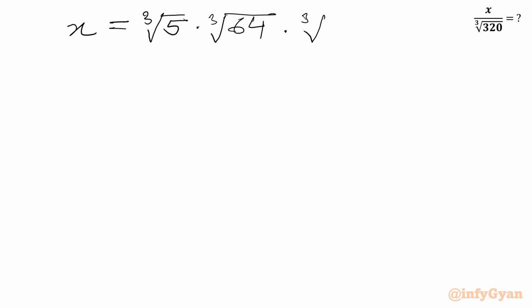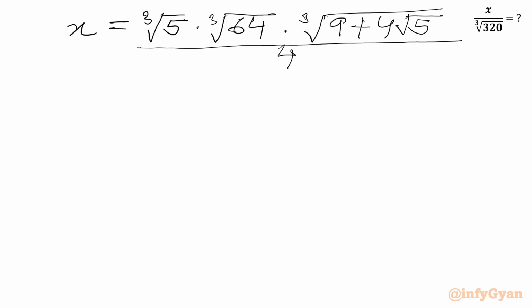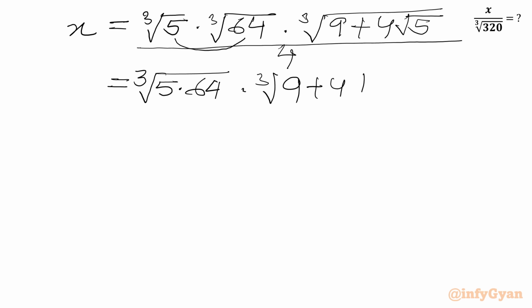Let's write here x will be equal to cube root 5 times cube root 64 times cube root of (9 plus 4 root 5), and the denominator was 4. Cube root 64 is 4. Or we can write the cube root of, let's combine these two radicands, 5 times 64, times cube root of (9 plus 4 root 5), over 4.